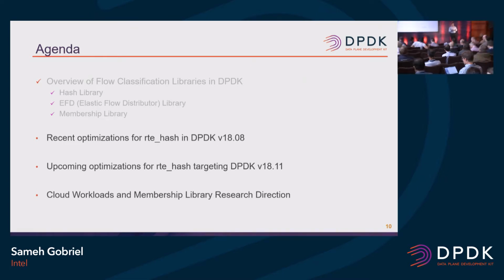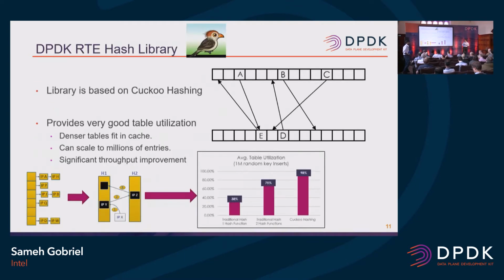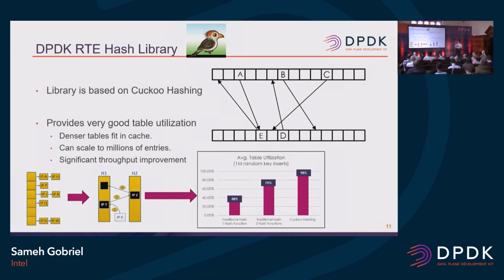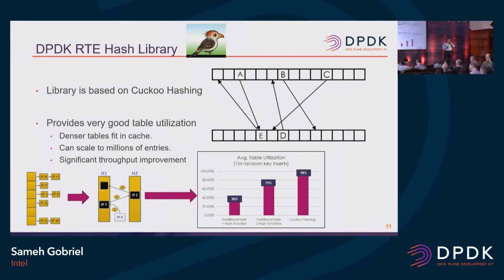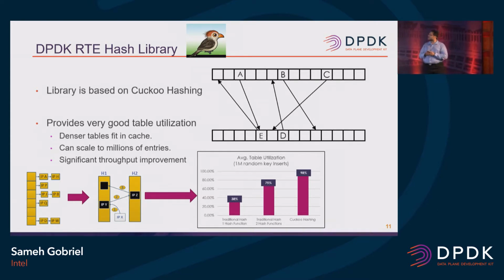Thanks. OK, so for the DPDK RTE hash and what we have done recently in 18.08, if you are familiar with the RTE hash inside DPDK, it is based on cuckoo hashing, which is this cute, nice bird up there.